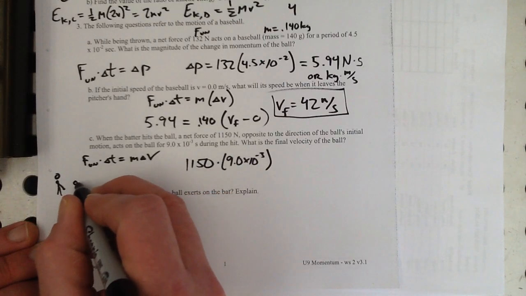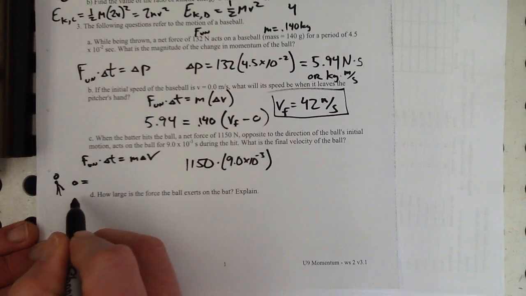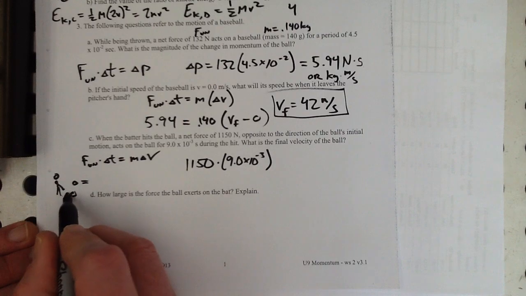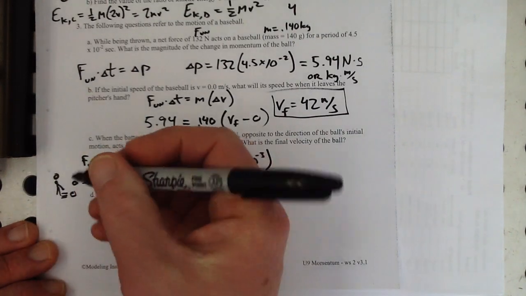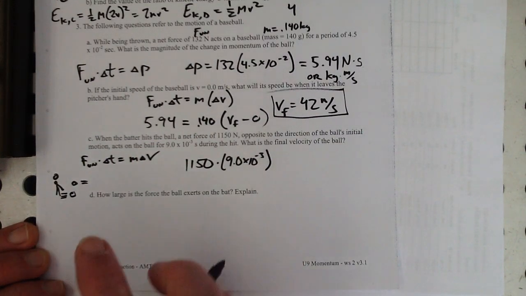The ball is coming this way toward the batter, and then after, the ball is going to be going that way, right? This is the initial, and this is the final. So we need to respect directions here.